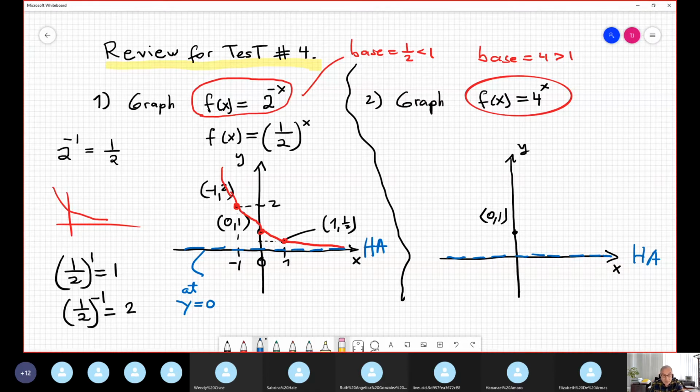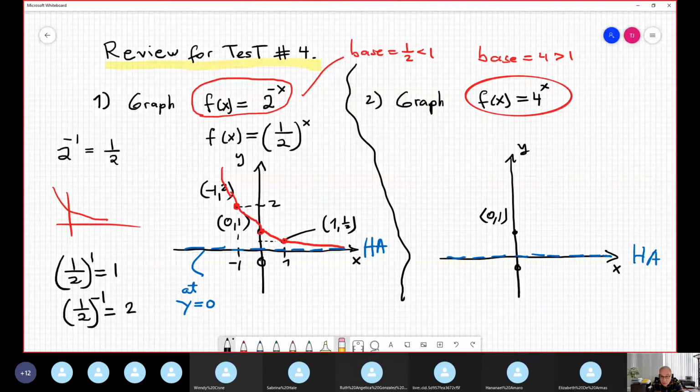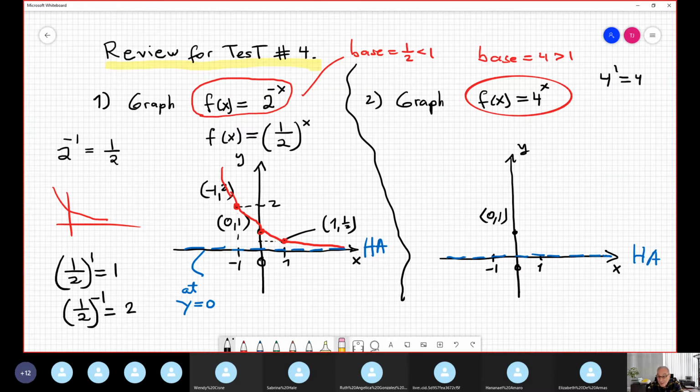The second is exactly the same. Remember the famous point (0,1). When x is 1 and the base is 4, it's 4 to the 1 power, which is 4. This point is (1,4).